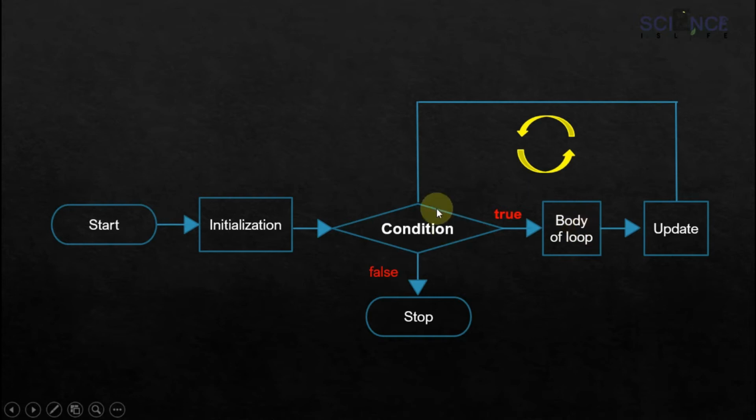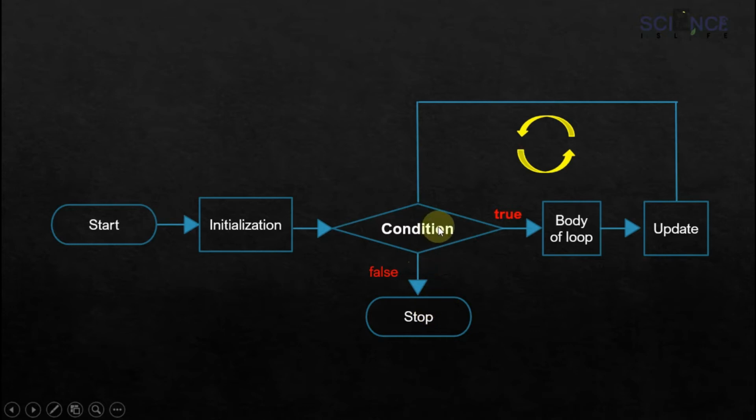Then you saw that there is an update part for the variable. Then it will update the variable. After updating the variable, it will check the condition again, whether it is true or false. If it is false, the loop will stop.